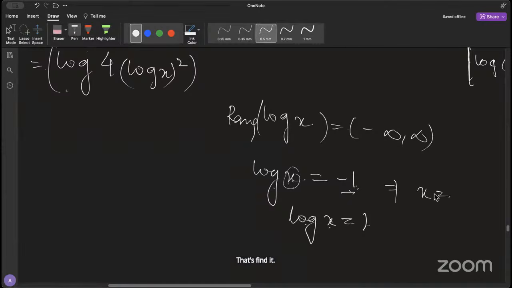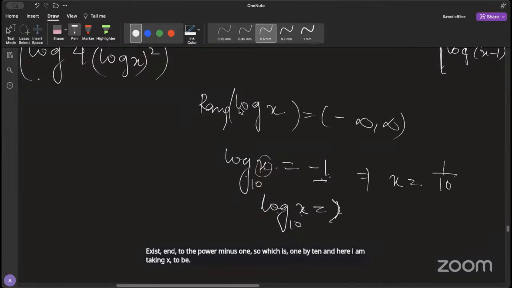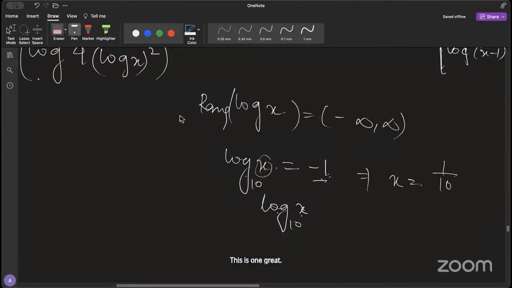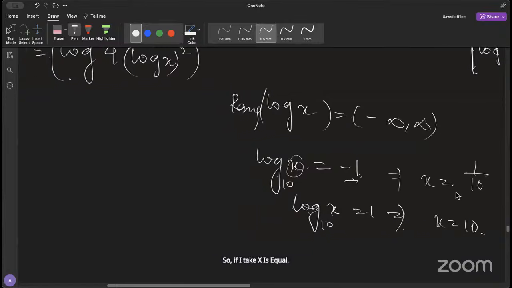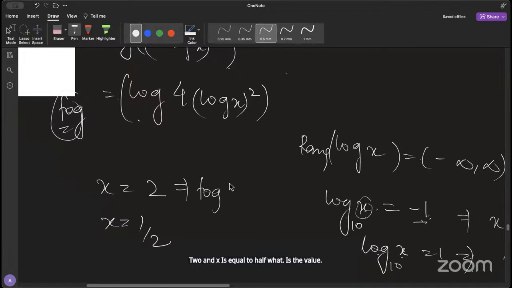What will be x? Let's take 10 base. X is 10 to the power -1, which is 1 by 10. And here I'm taking log x to be 1, so this will give me 10. So if I take x equal to 10 or x equal to 1 by 10, or you can take any number, let's take x equal to 2 and x equal to half. What's the value of FOG at 2?